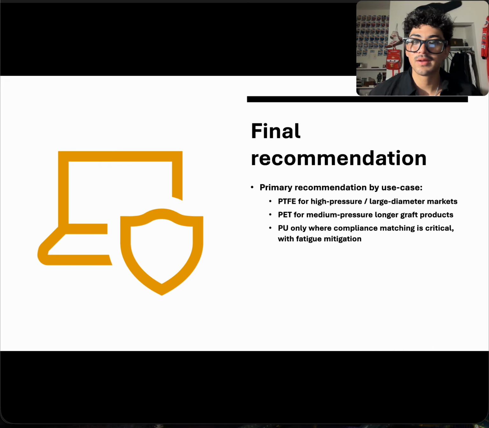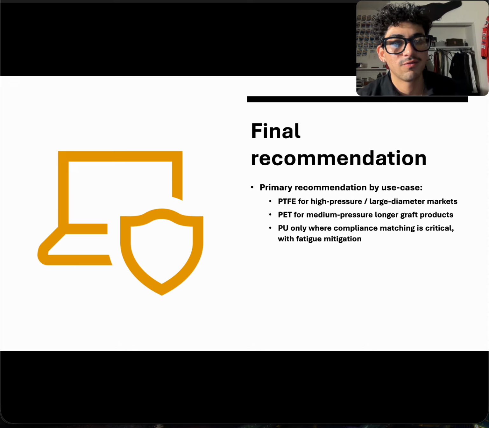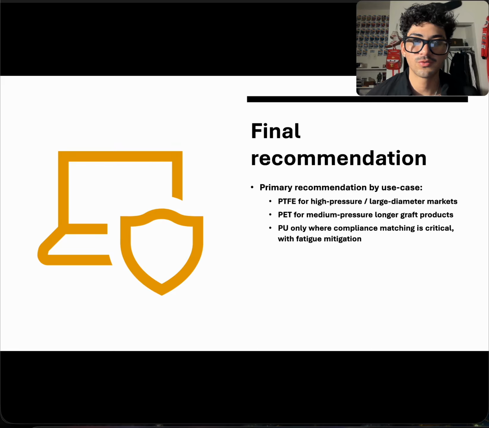Final recommendations. Based on these simulations, there's no single universal winner, I would say. Optimal design depends on the vessel environment and the product goal for a manufacturable portfolio. One, PTFE should be prioritized for high pressure, large artery grafts, and short to mid length products where low deformation and high durability are critical.